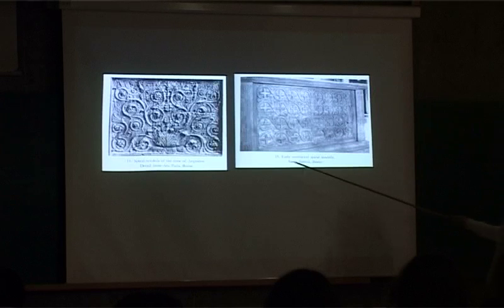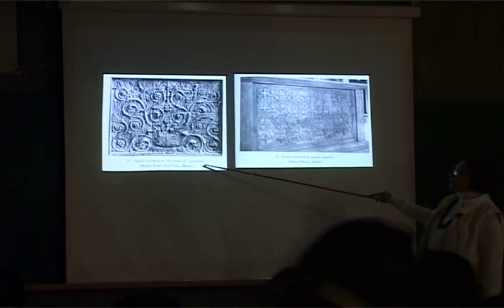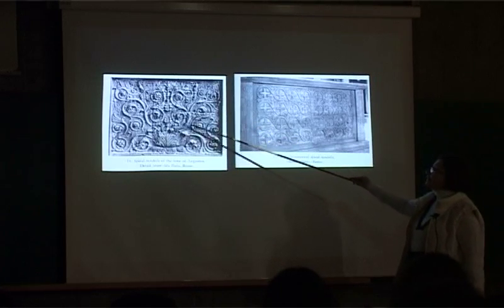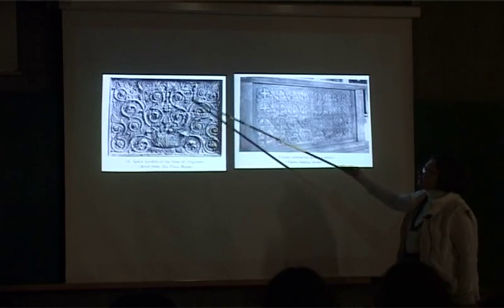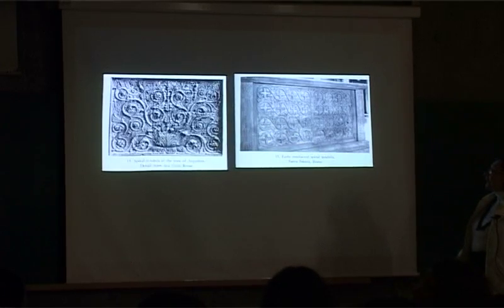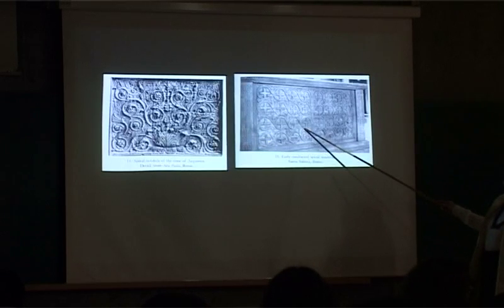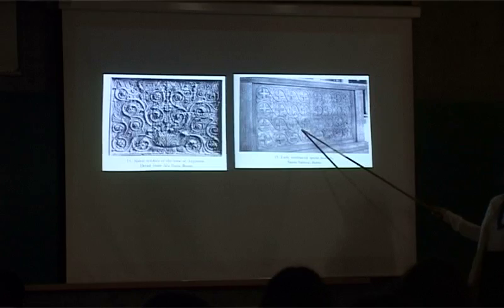Another example showing a shallow relief, again from the early Augustan period, where you see a floral motif, a motif of plants which is stylized, and then that stylized motif becomes reduced to the simplest essentials.